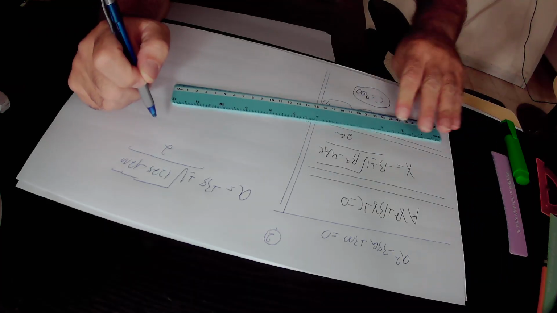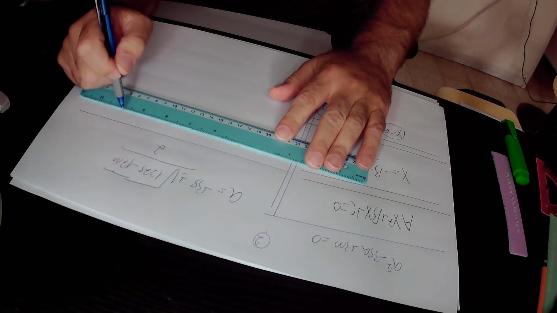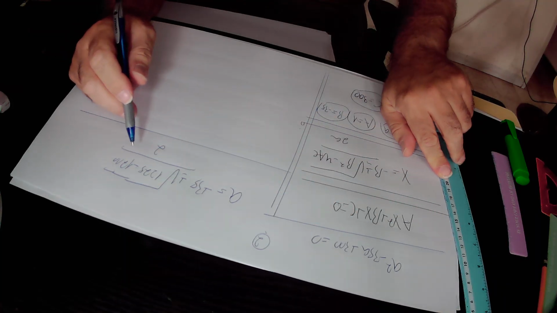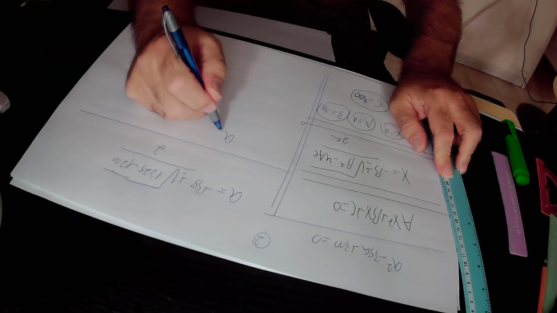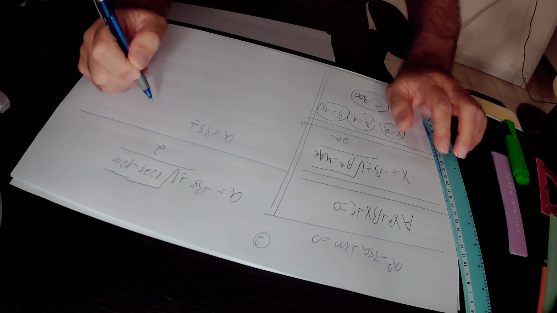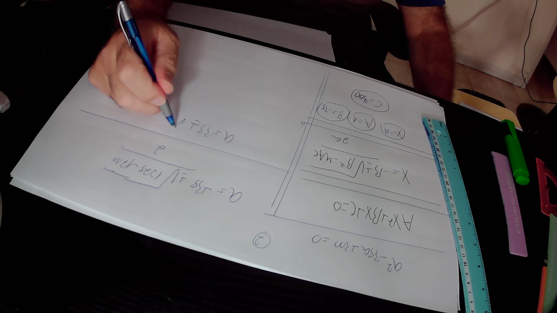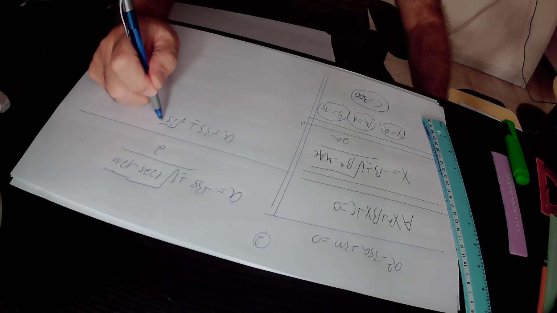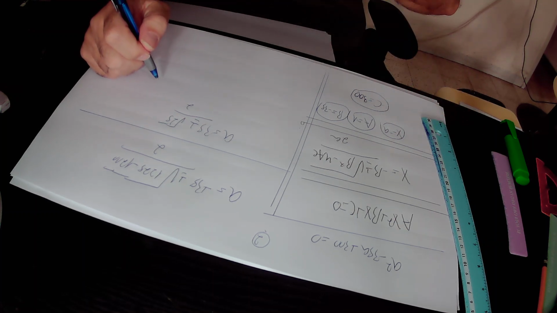So in total we find that a equals 45 plus minus the square root of 2025 minus 1200 over 2. 2025 minus 1200 is 825, so inside the root we are left with 825 over 2.